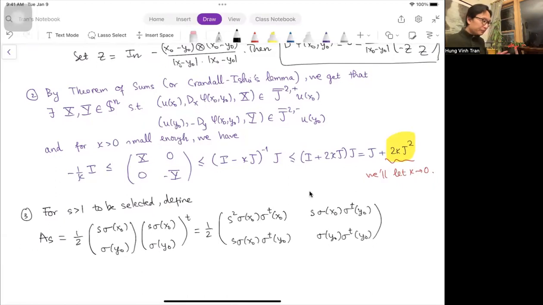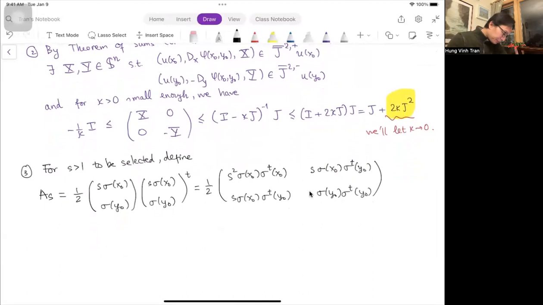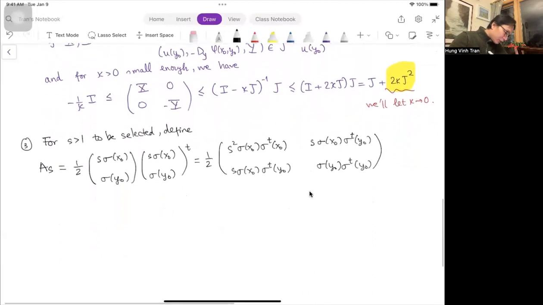So we consider this matrix. We're now going to multiply by A_s. Again, this is a non-negative definite matrix, right? We're going to multiply A_s with the trace inequality above to see what's going on.